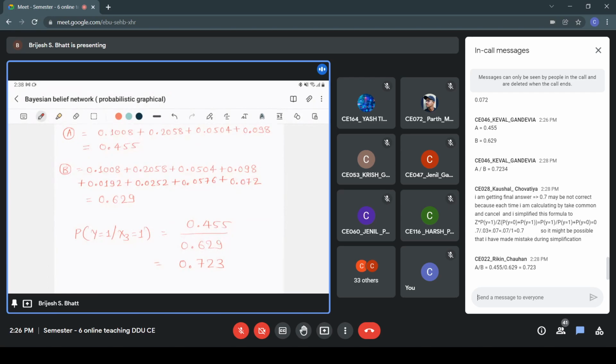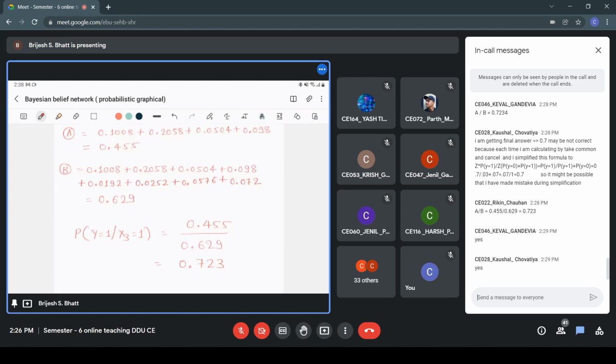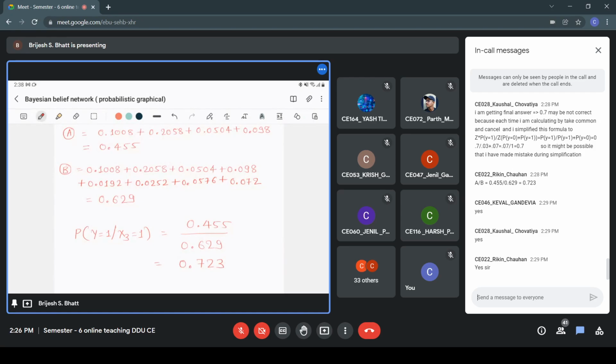So Keval, Rikin, Kaushal, I think we are all on same page, isn't it? So it means that whenever you see x3 to be 1, chances of y to be 1 is also very high. This is what we understand from this computation.